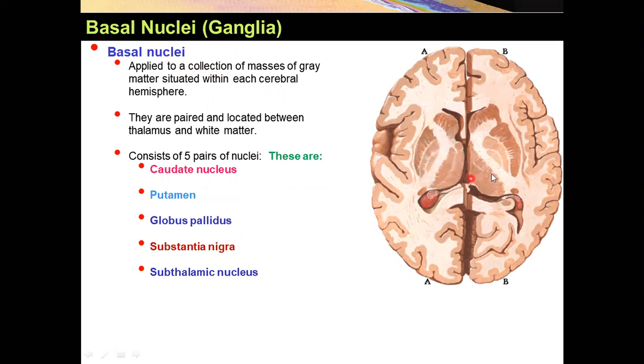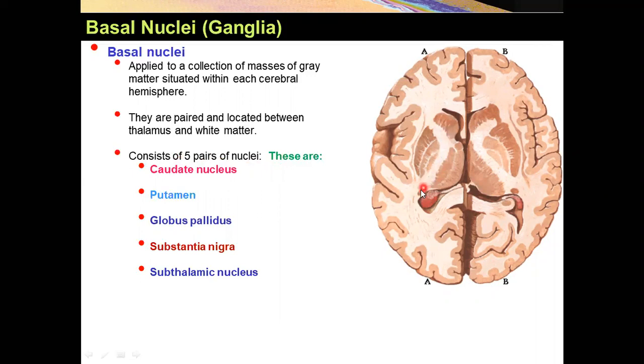They are paired, as you see, and located between the thalamus, here is the thalamus, and the white matter. And the basal nuclei consist of 5 pairs of nuclei, which include the caudate nucleus. This is the caudate, head of caudate nucleus.